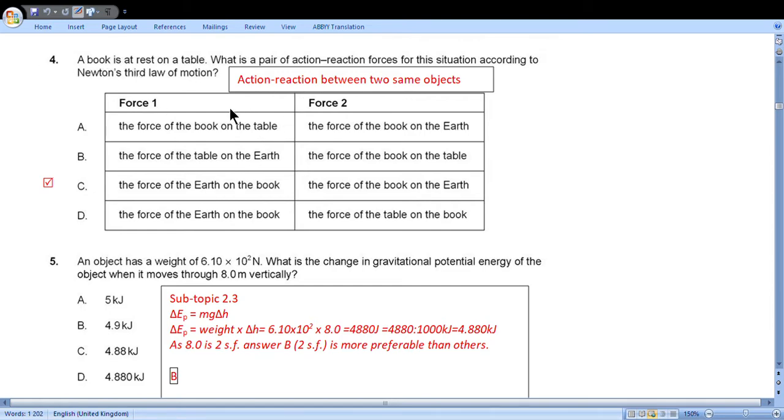So we find the combination where we have two objects, A and B: Earth and book, the book on Earth. In the rest, we do not have such a combination, so we are swapping object A and object B. So answer C.